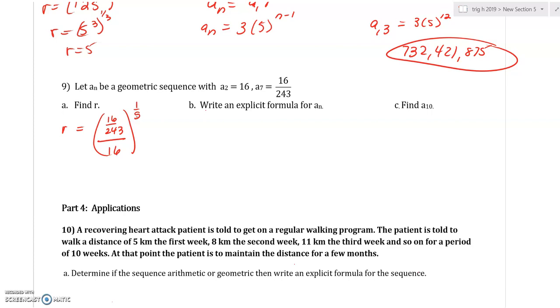Okay, let's see how we did. So did you go ahead and find R? And did you get 1/3? How about your explicit formula? And for the 10th term?